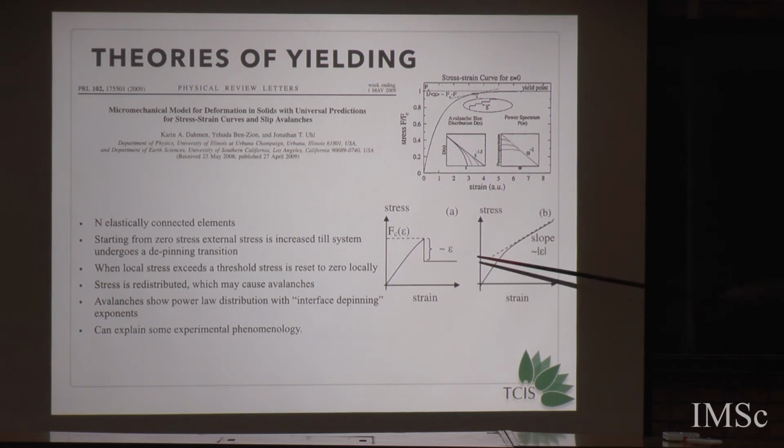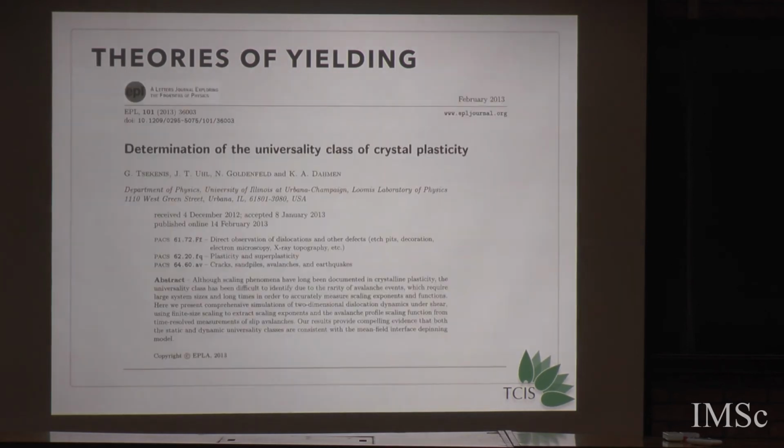You can measure avalanche distributions, and you can see that these are power laws, and then you can look at the universality class of these avalanches, and it turns out that these are of the so-called interface depinning class. I think, Lauren, this afternoon this will be discussed. But again, this is actually the determination of this universality class.